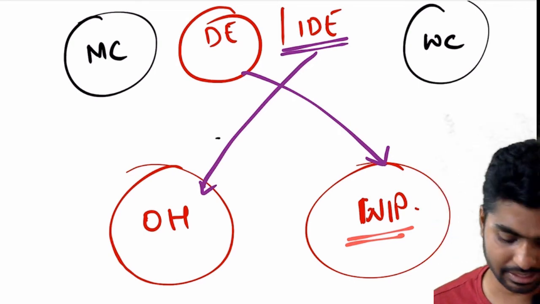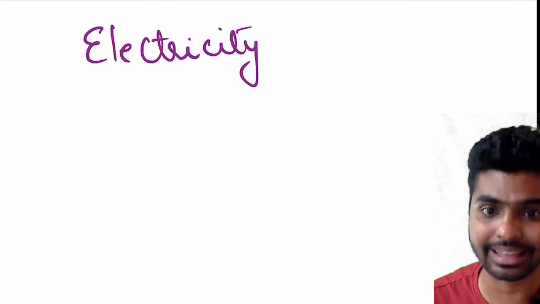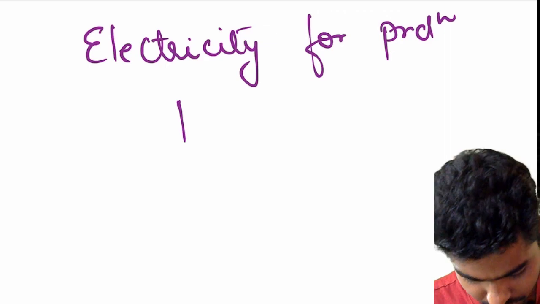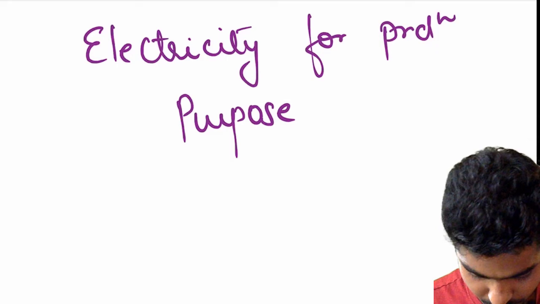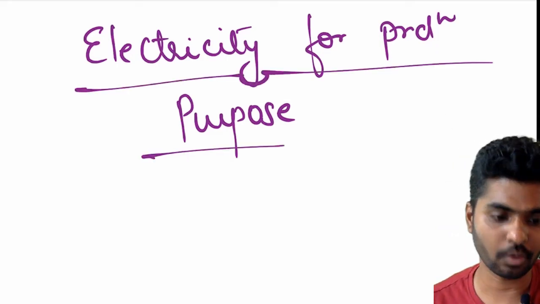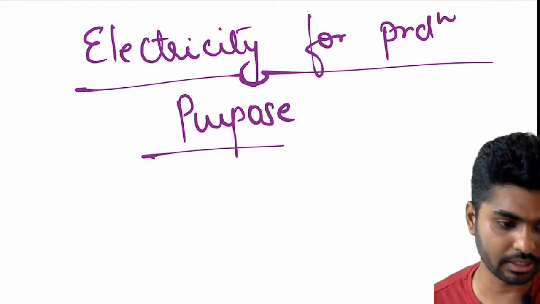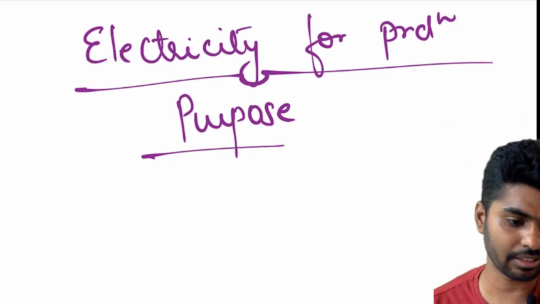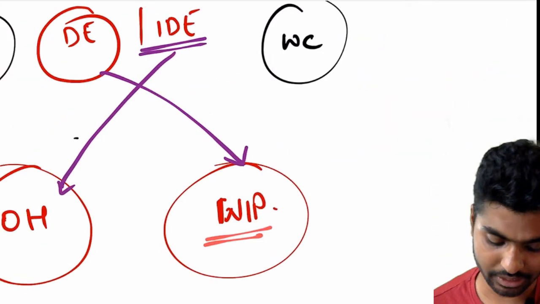So let me just take an example. See here. If I say electricity for production purpose. Now electricity which is used for production purpose, is it a direct or an indirect expense? Whenever I say electricity, I cannot trace it to a product, so it is part of my indirect expense.